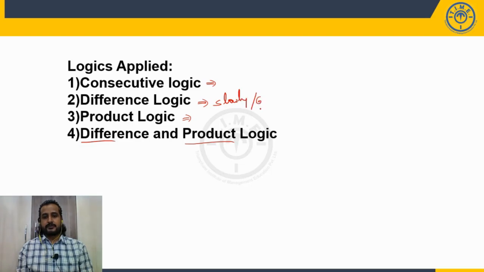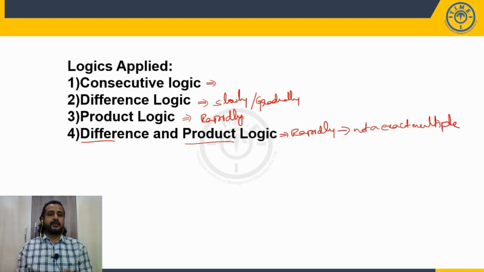If they increase rapidly, we apply product logic. Though it is increasing rapidly, if the next number is not a proper, exact multiple of the previous number, then we apply difference and product logic.